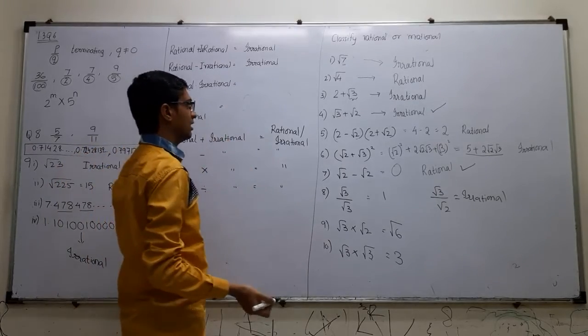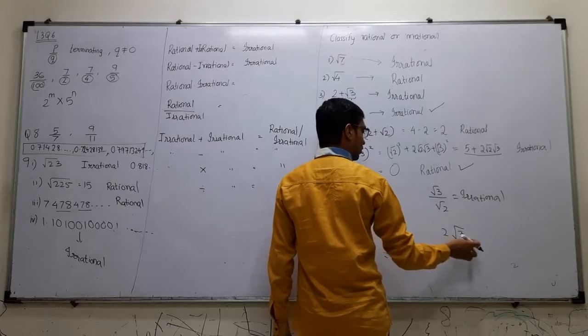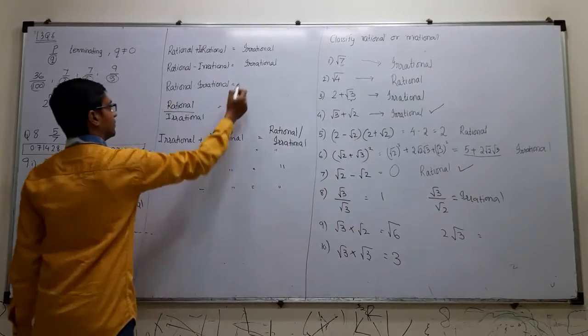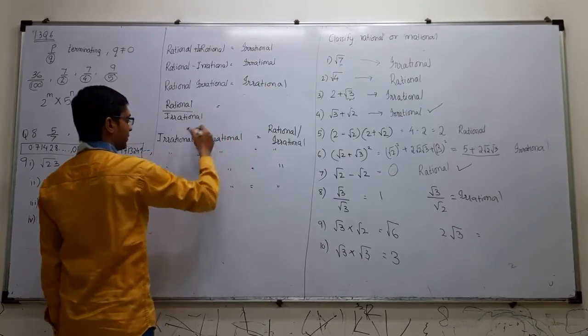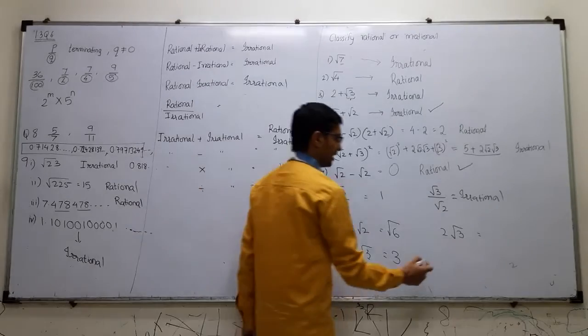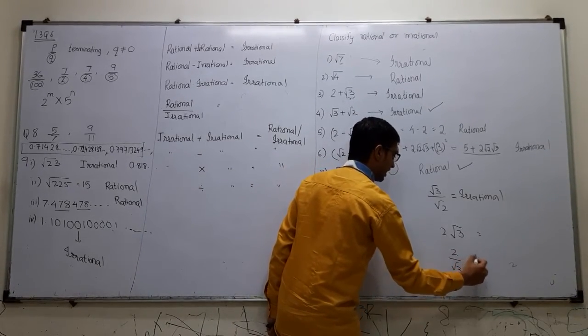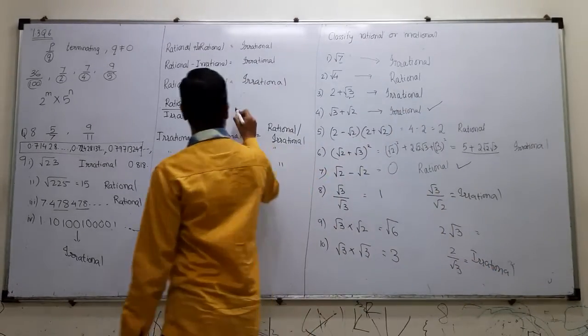Rational into irrational: if I take the example of 2 into root 3, I will get irrational only. Same, rational upon irrational: if I take 2 upon root 3, again I will get a number which is irrational.